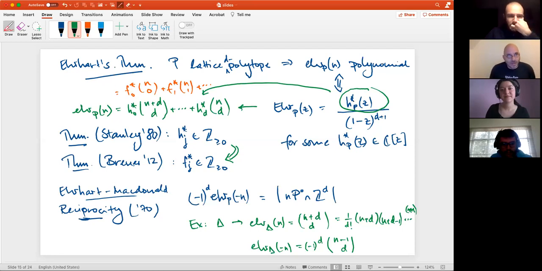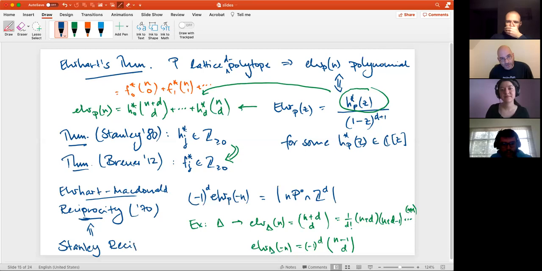Maybe let me make one more remark about this, and then maybe two more remarks. So number one, this has a generalization in the world of multivariate generating functions in terms of the integer point transform. This is another important theorem of Stanley, from '74.